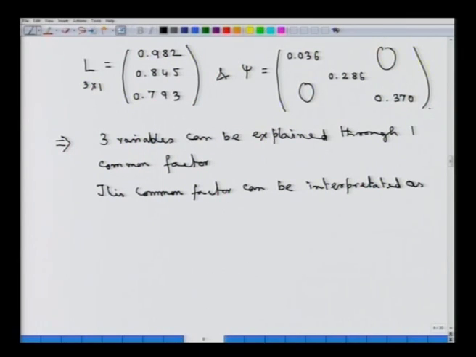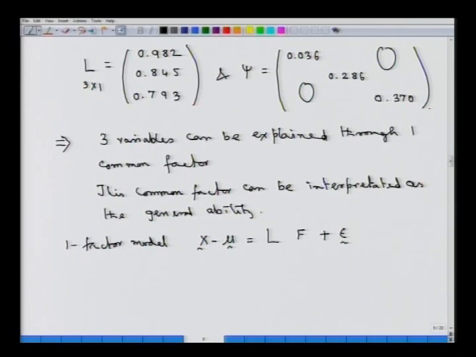Of course, that is an unobservable factor, and the resultant one factor model would be x minus mu equal to this L vector multiplied by this common factor, plus epsilon.